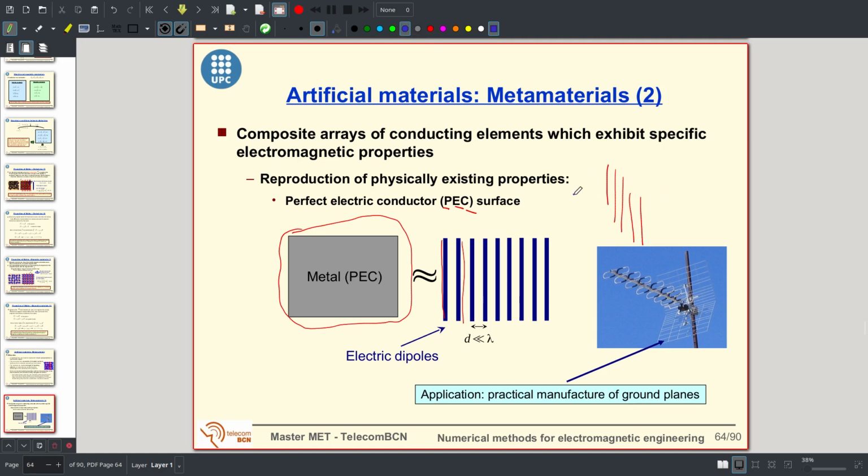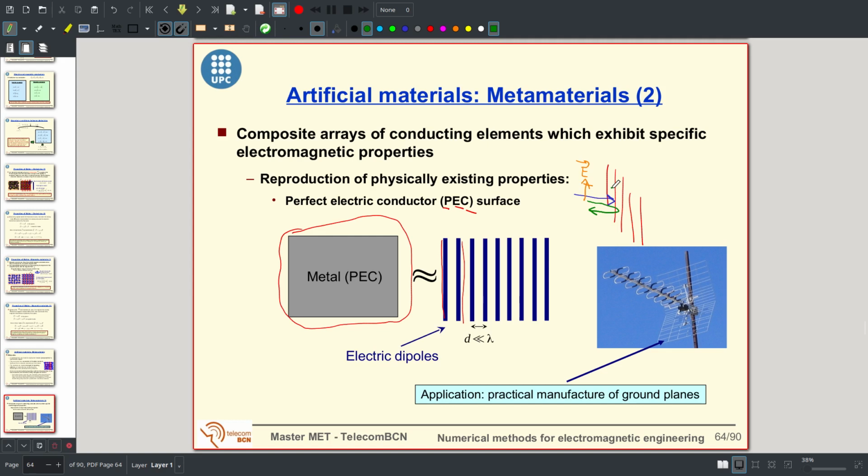If we have an incident wave like that, and the electric field polarization is parallel to the wires, very important, in this case we have a reflection. If the incident field has polarization parallel to the wires, the wave is reflected by the wires, not by the wires themselves, but by the array of wires.